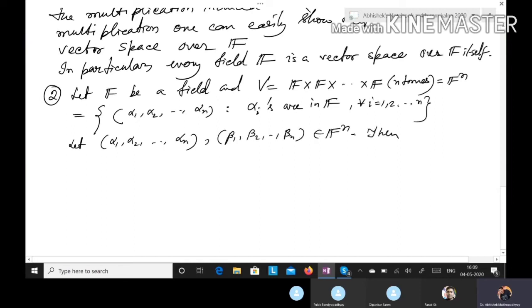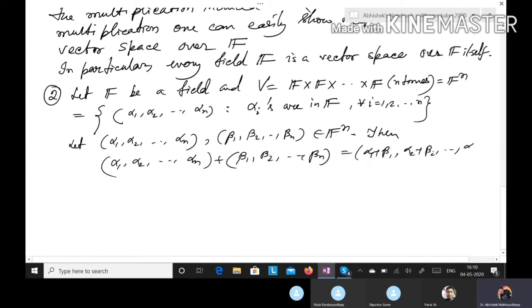Then the addition, component wise, is alpha 1 plus beta 1, alpha 2 plus beta 2, ..., alpha n plus beta n.